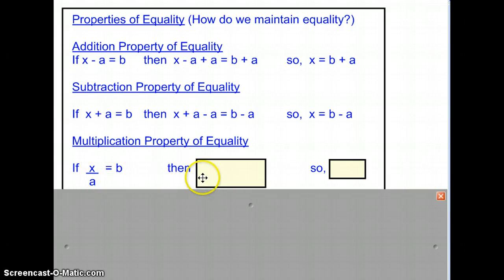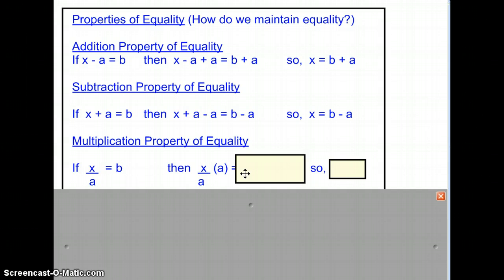So the next step would say x over a times a, good, b times a. And then she took it and simplified. Multiplying and dividing by a undo each other, right? It becomes 1x. So as she said, x equals b times a, or ab.